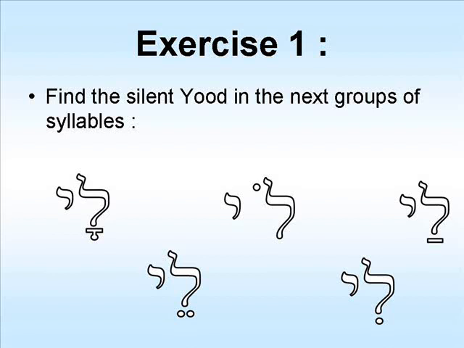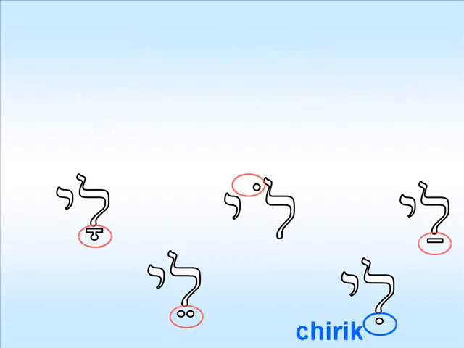Exercise 1. Find the silent Yood in the next groups of syllables. Let's read it together. Lai, loi, lai, li, and lei. That's right.